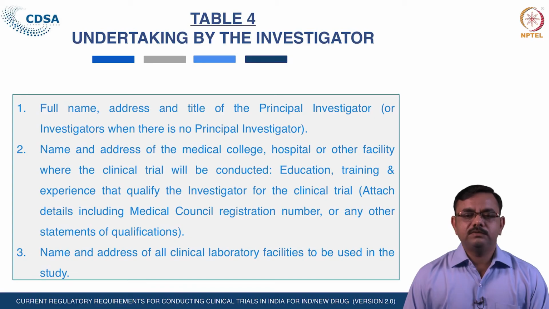Then the name and address of all clinical laboratory facilities to be used in the study. Then the name and address of the ethics committee which is going to continue the approval. Names of other members who are the co or sub investigators. Protocol title and study number have to be mentioned.